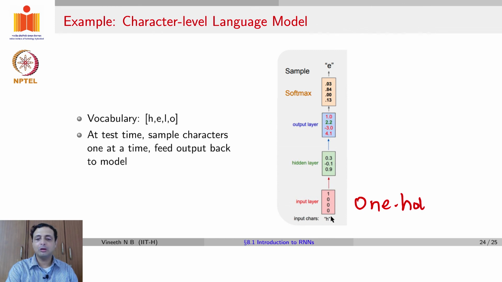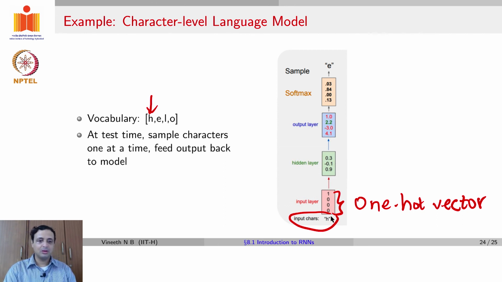A one-hot vector is a vector which has a 1 at the position of the input from the vocabulary, and a 0 elsewhere. Since H was the first character here, if your input character was H, the corresponding one-hot vector would be 1 0 0 0.